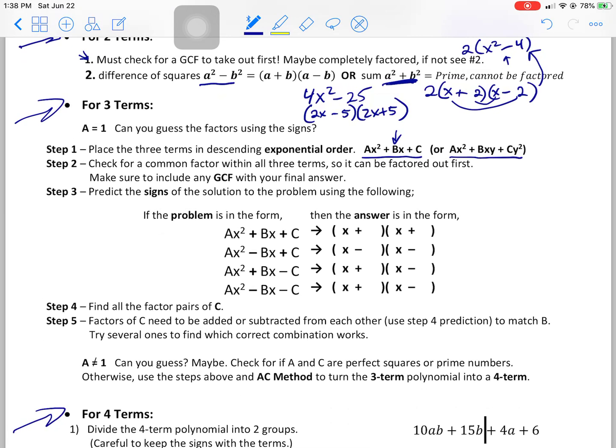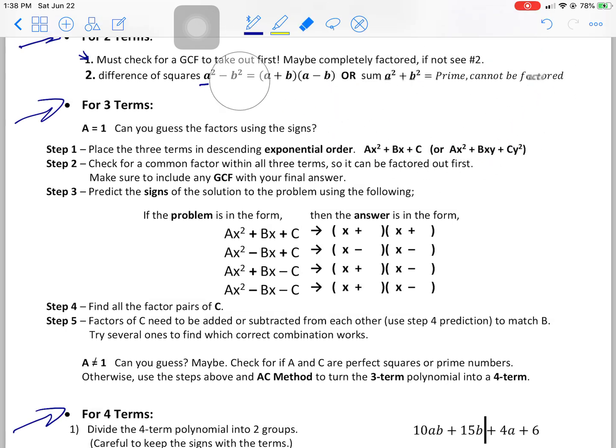Okay? So for a 3-term, if you have 1 variable, if you have like 3x squared, well, probably shouldn't make one up, there's one at the bottom, plus something with an x, right, plus a number on the end, that's a 3-term, and you're going to have an x squared and then an x.